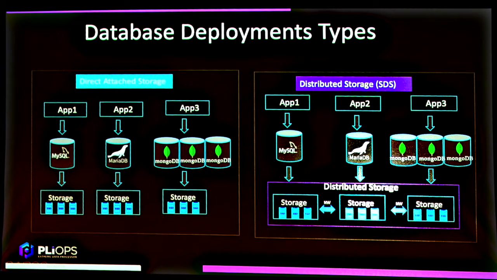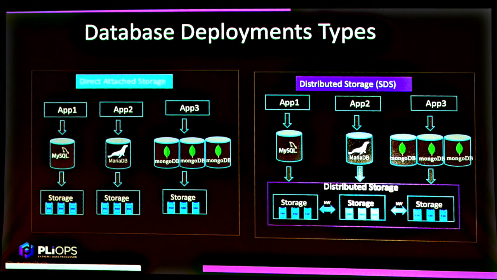Typically when you deploy a database for your applications, you go through direct attached storage for MySQL, MariaDB, or MongoDB. Or for distributed storage, you use something like Ceph, Gluster, or vSAN, which is a scale-out environment.